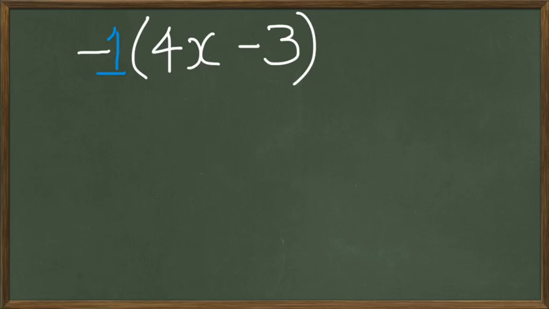Okay, so the answer for this is going to be, well, we've got negative 1 multiplied by 4x and negative 1 multiplied by negative 3.